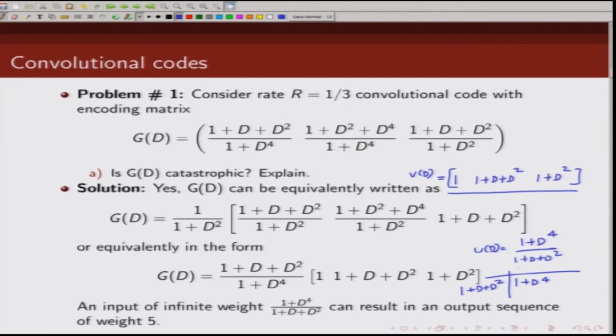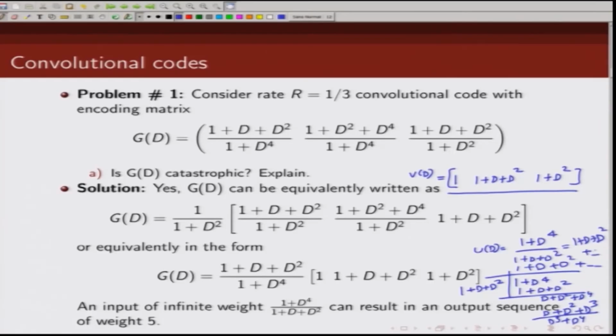Let us just take 1 plus d square, this will be d square plus d4. Now, this will be plus d. So, this will be d plus d square plus d cube, and then this will be d cube plus d4, we can write d square. Like that, basically, we can see that this is an infinite series.